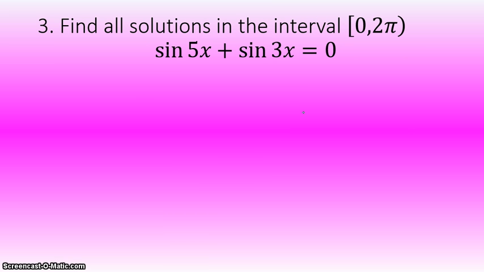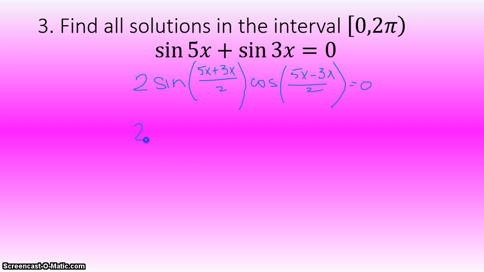Find all solutions in the interval from 0 to 2 pi. Alright, so yes, these are both the same trig function, but 5x and 3x, those are different angles. So maybe there's a way to combine these. Oh, this is a sine plus a sine, which if I look at my sum to product, that's the first one, that tells me I can rewrite this as 2 times sine, and I'm supposed to add the 2, and then divide by 2, times cosine, and I'm supposed to subtract the 2, and divide by 2.